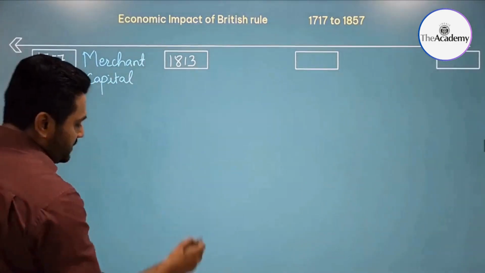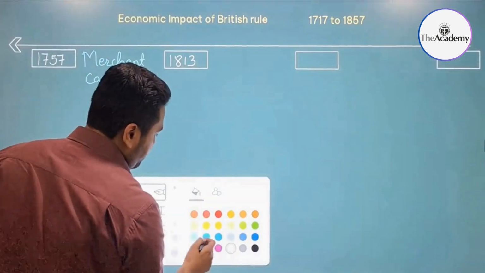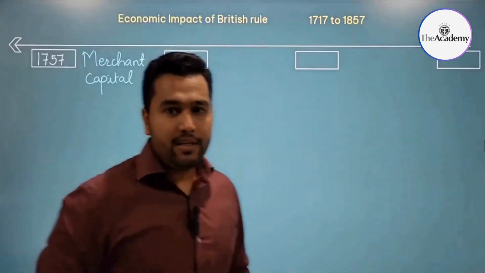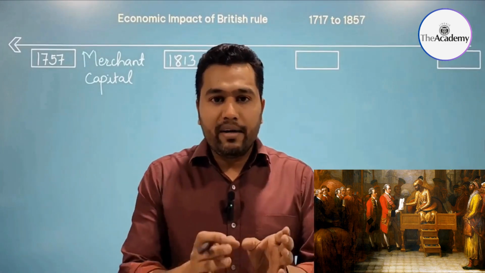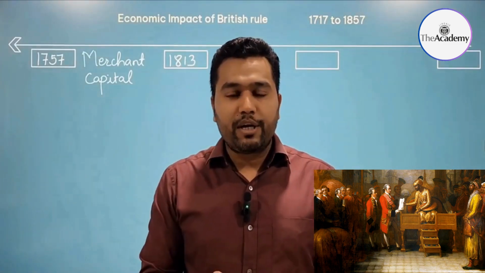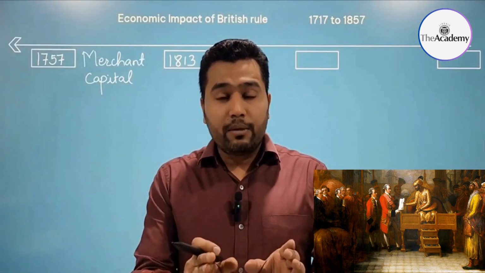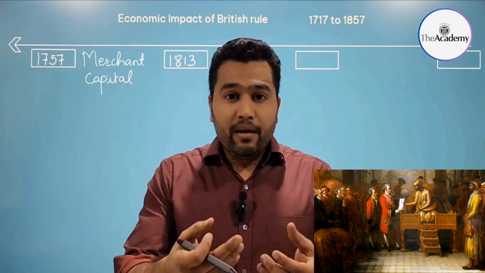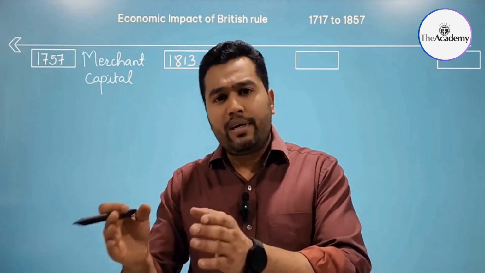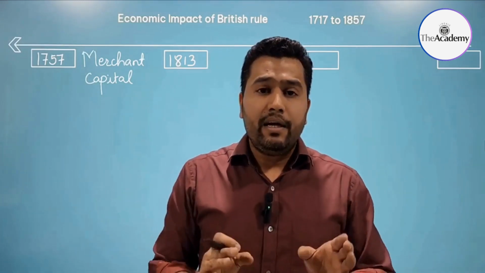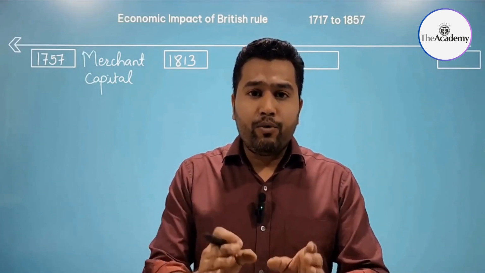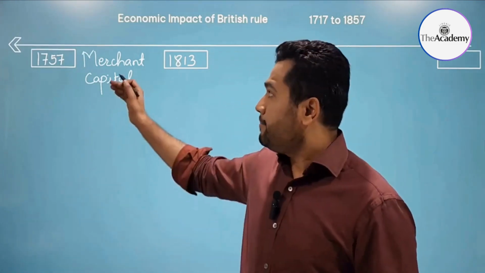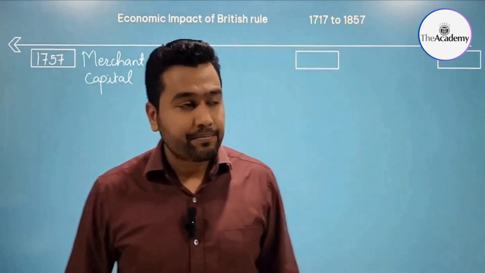In 1757 the East India Company acquired de facto political power, and this enabled it to play a role in political formulation. Subsequently, we will see how the Diwani rights led to the British formulating policies with respect to revenue extraction and impacting the economy of India.